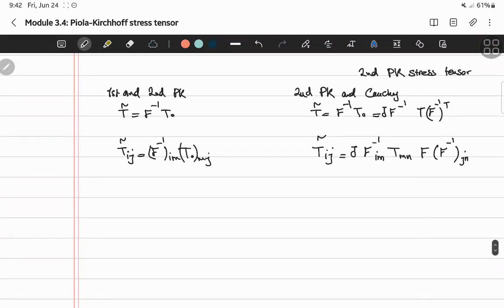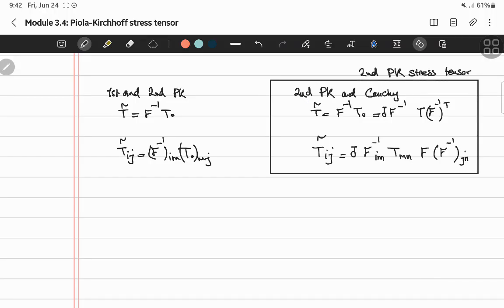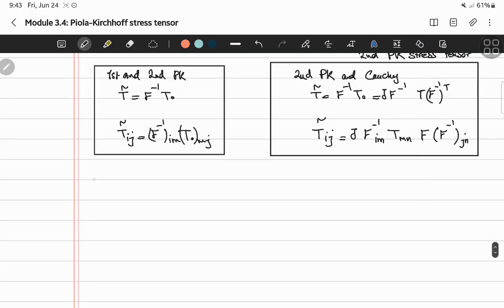All right, so now let's see if the second Piola-Kirchhoff stress tensor is symmetric or not. Is T tilde ij symmetric? So if T tilde is equal to T tilde transpose, then we can call this a symmetric tensor.